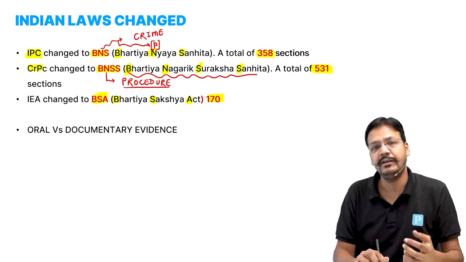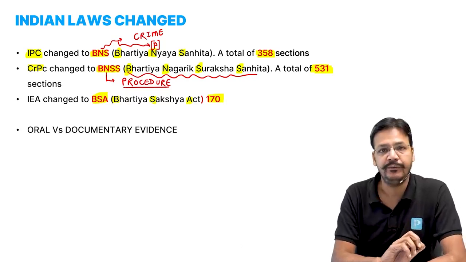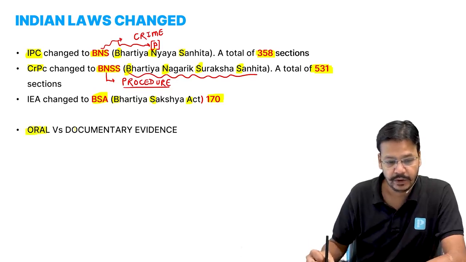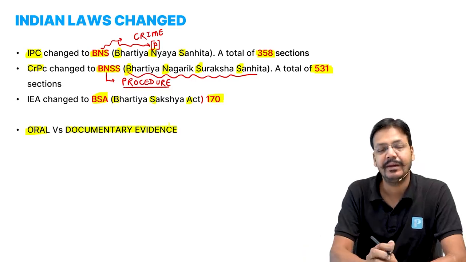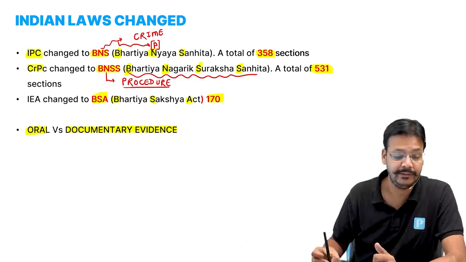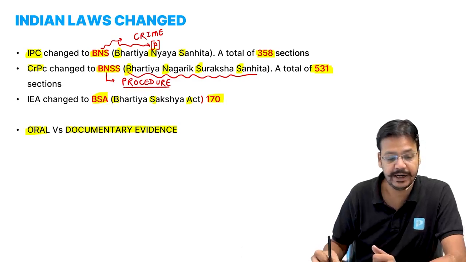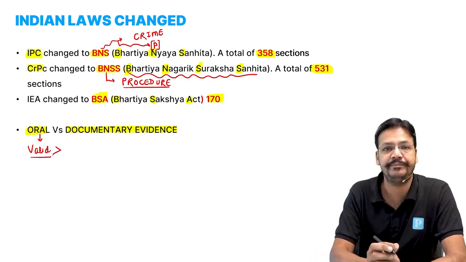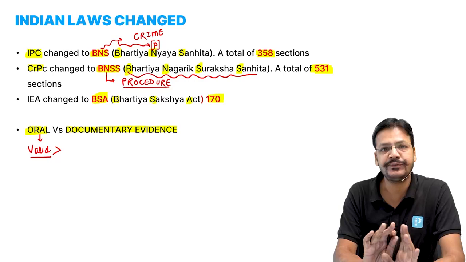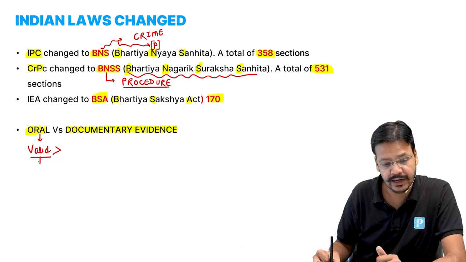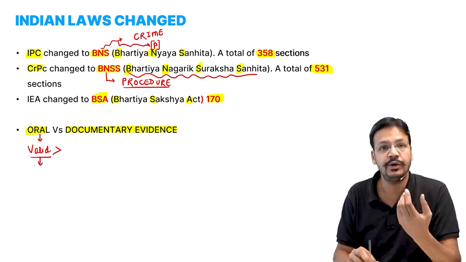Now, sir, we are starting with one very important question: which is more important evidence, oral or documentary? Many people are thinking, sir, documentary evidence is more valid, but you are wrong, my dear friend. Oral evidence is more valid than documentary evidence. If a document is false or fake, we cannot cross-examine it, but oral evidence means you are giving evidence in court.